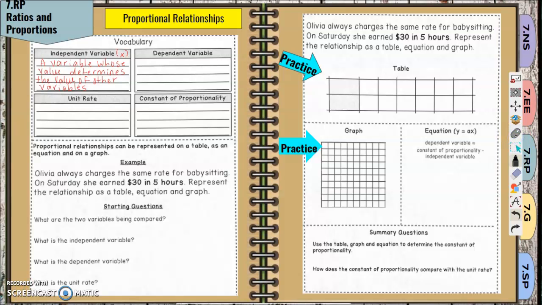A dependent variable is a variable whose value depends upon the independent variable.